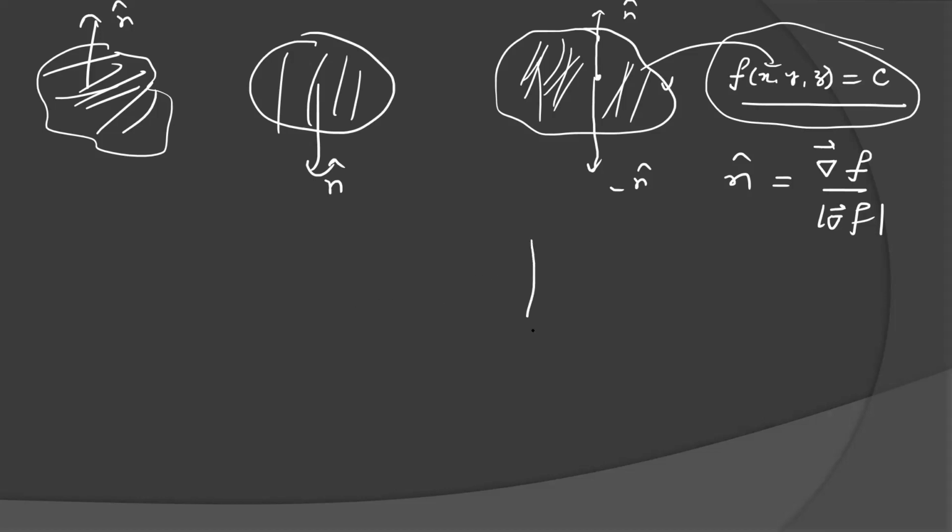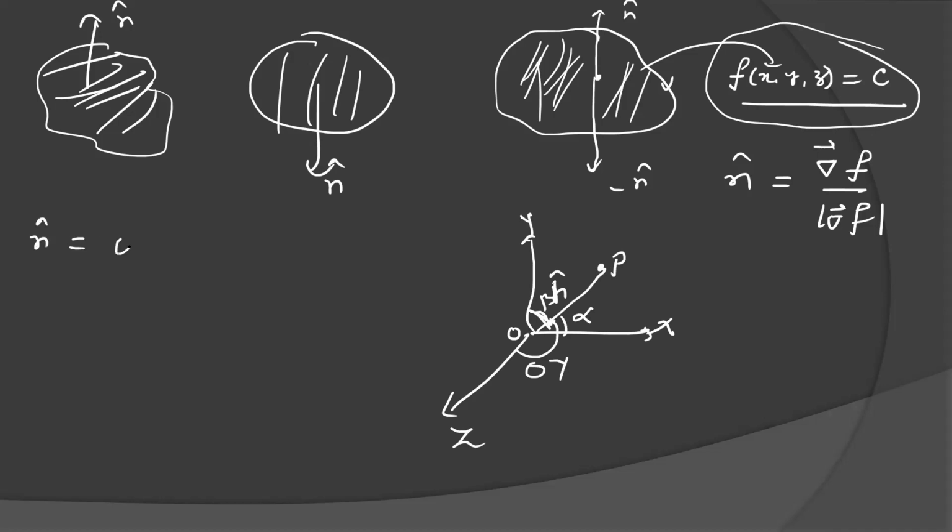Here, n cap is a unit vector, and at any point P it makes angle alpha with the x-axis, beta with the y-axis and gamma with the z-axis. Then n cap is cos alpha i plus cos beta j plus cos gamma k.